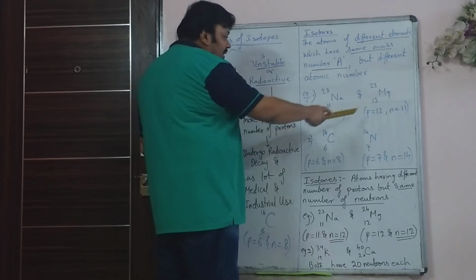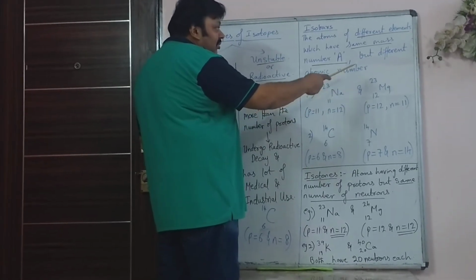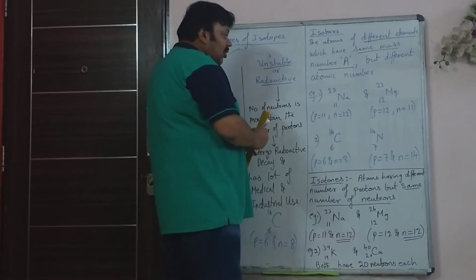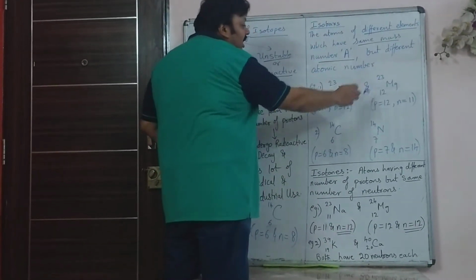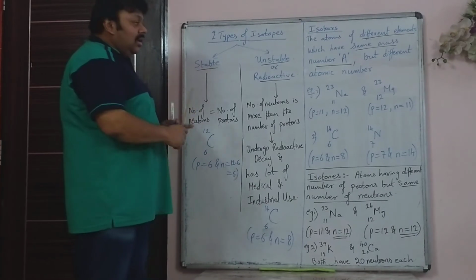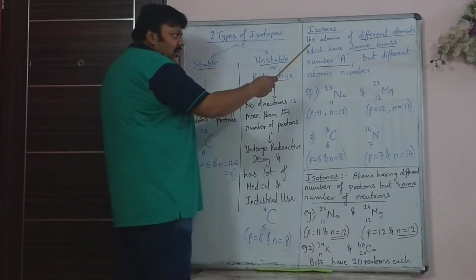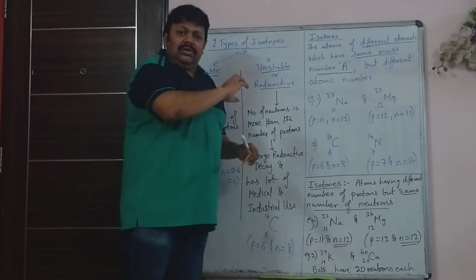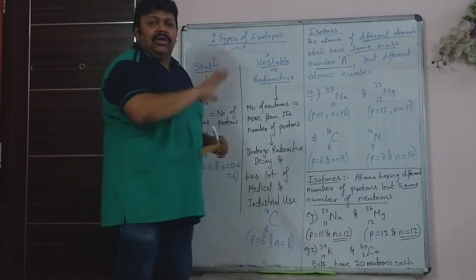So in isobars, what is the same? Same mass number, 23, 23, both of them have the same mass number. Again, they are different elements. Only thing is their mass number happens to be same.